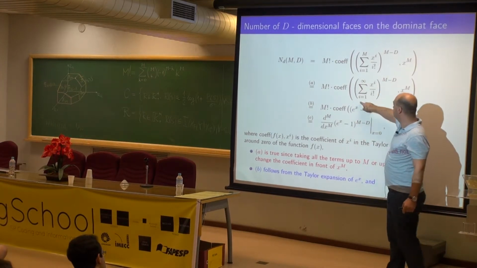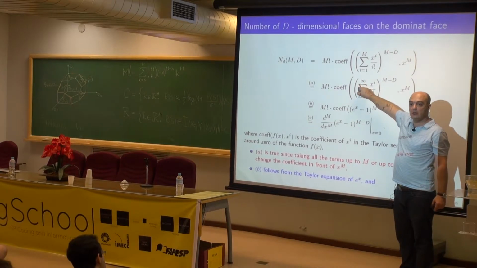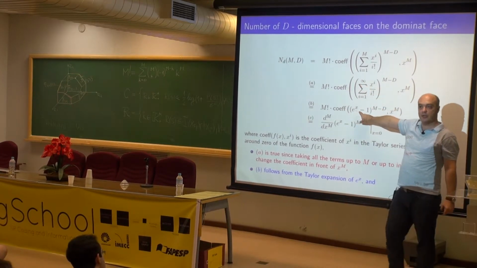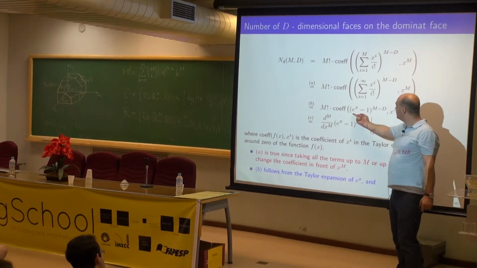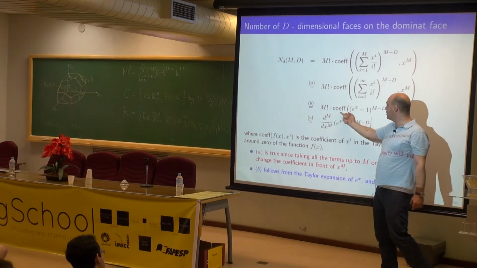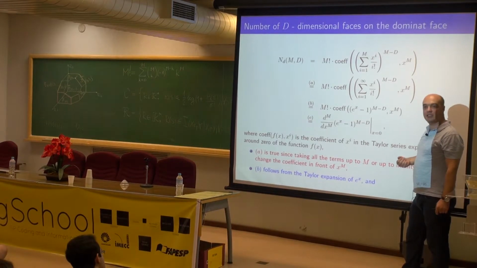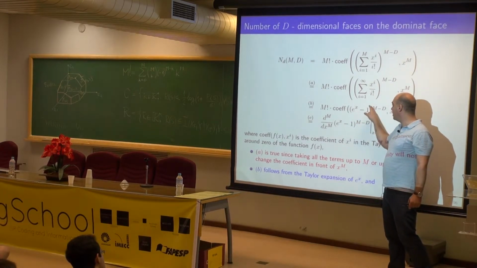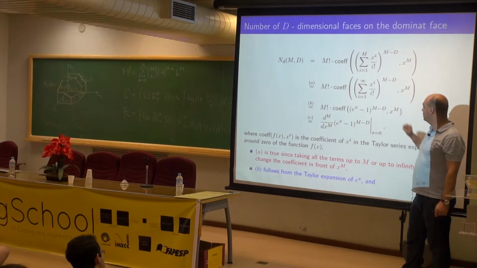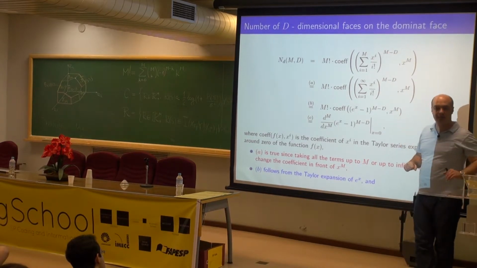And what is this? Exponential. It's e to the x, exponential of x. So you're getting a very condensed expression. And so we say the coefficient in front of (e^x minus 1) to the power of m minus d, in front of this mth power.